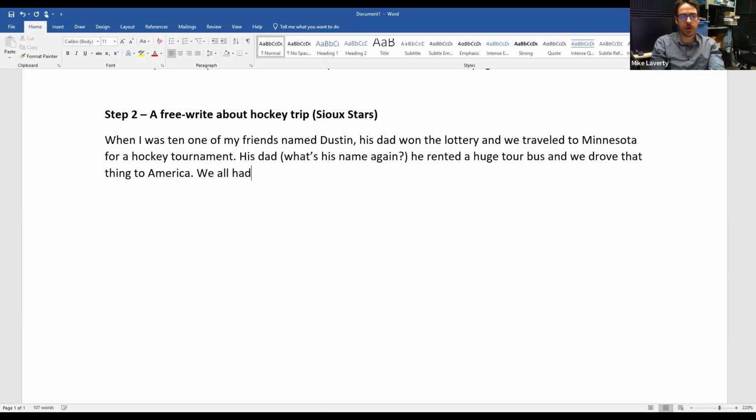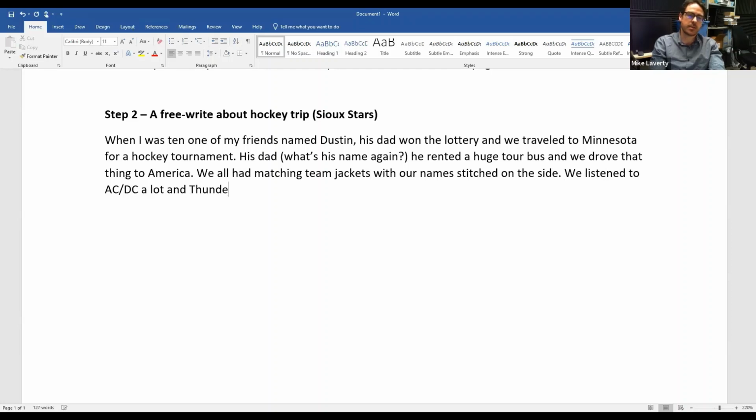We all had matching team jackets with our names stitched on the side. We listened to AC/DC a lot, and Thunderstruck was our favorite song.